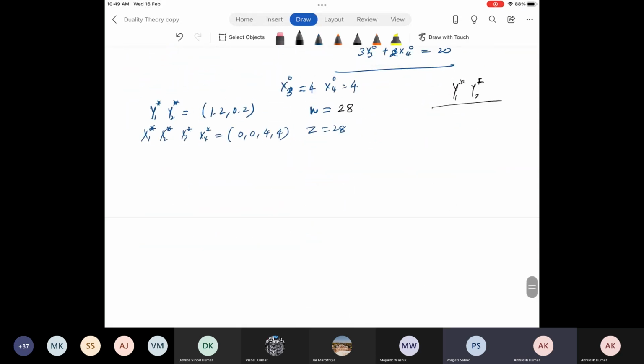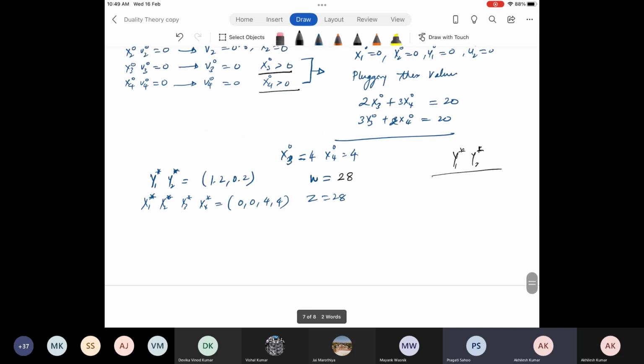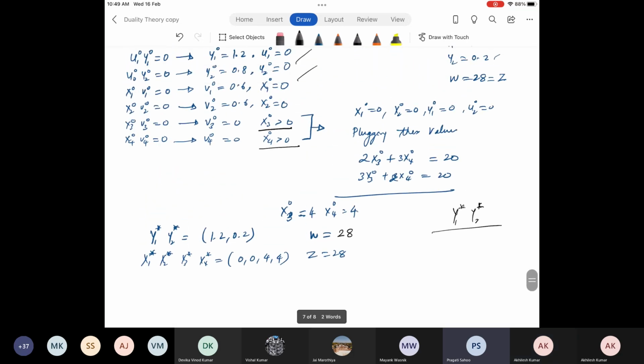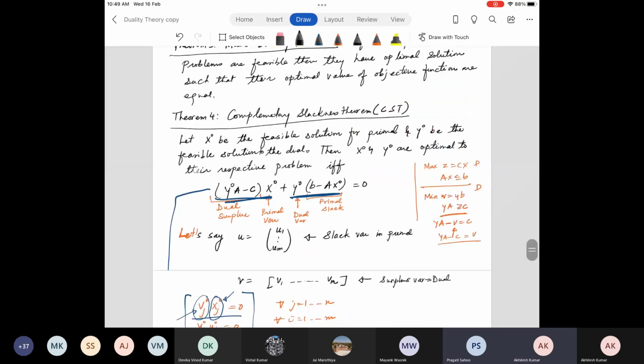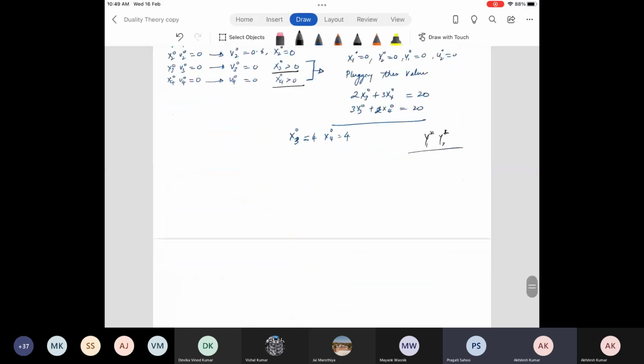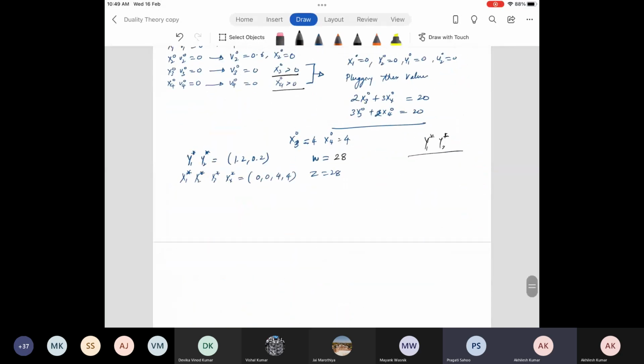Now just look at these theorems, how they are used. Suppose for this problem, let's look at the window glass problem again. Maximize g equals to 3x1 plus 5x2, and x1 is less than or equal to 2, 2x2 is less than or equal to 12, 3x1 plus 2x2 is less than or equal to 18.